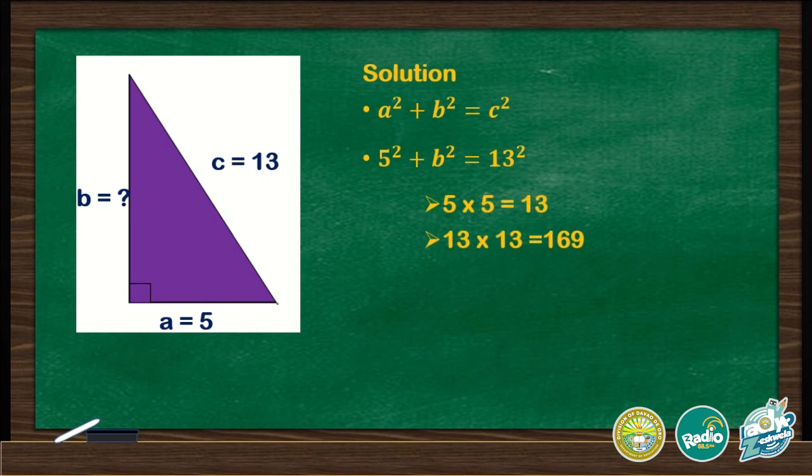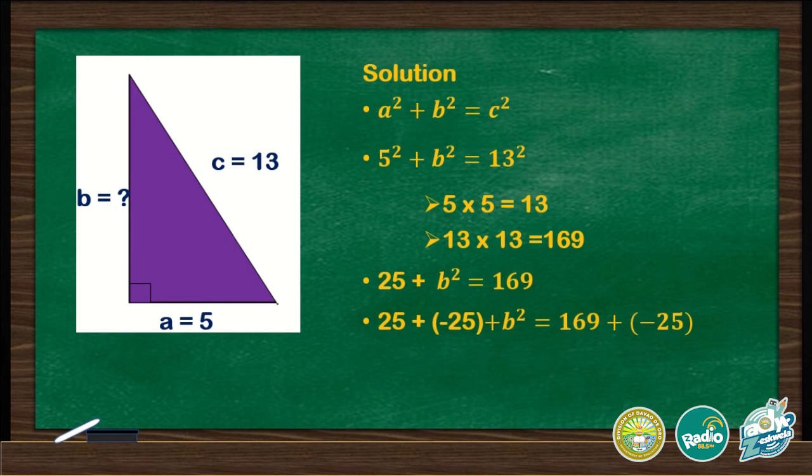5 times 5 is 25. And 13 times 13 is 169. The equation will become 25 plus b squared equals 169. To eliminate 25 on the left side of the equation, add negative 25 to both sides of the equation.